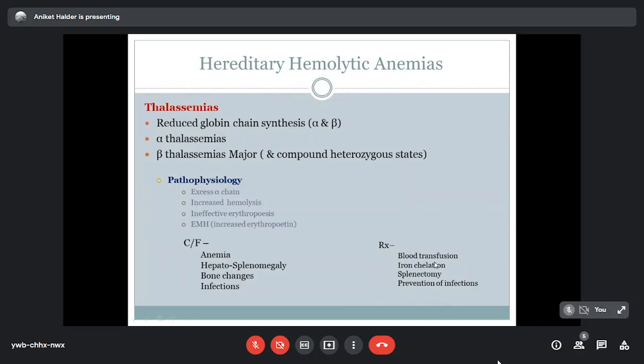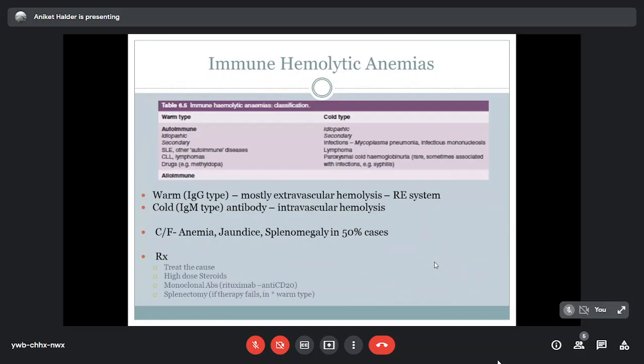not responding to treatment. And in immune hemolytic anemia, just an overview, it can be warm type or cold type. The warm type immune hemolytic anemia is mainly due to IgG antibodies and complement, where there is extravascular hemolysis due to destruction in the spleen.